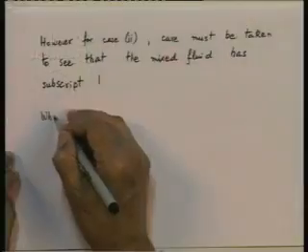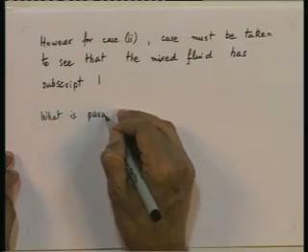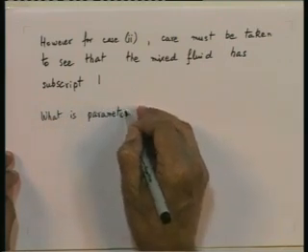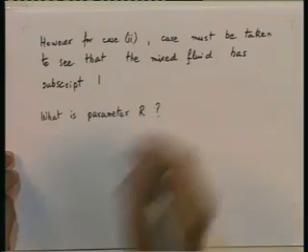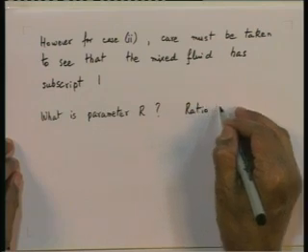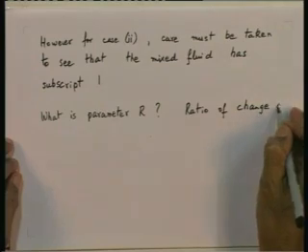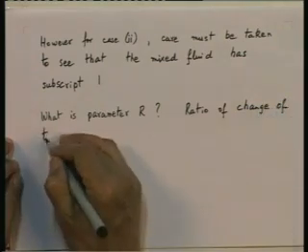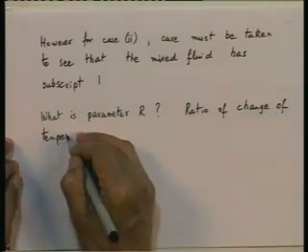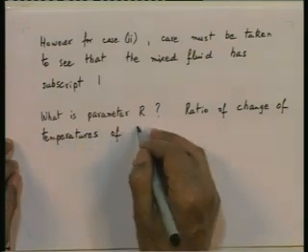Now, what are these parameters? What is the dimensionless parameter R? If you look at it, it is nothing but the ratio of the change of temperatures of the two fluids, that is what R is.